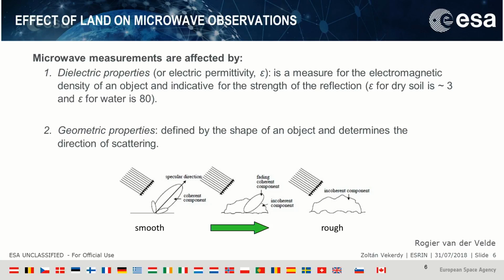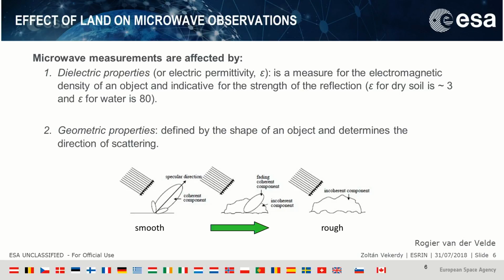What is happening when we are using a radar? In fact, we are using, I should have mentioned this before, again, although I already said so, that not only the dielectric properties, but also the geometric properties of the surface affect this complex system that we were looking at here.